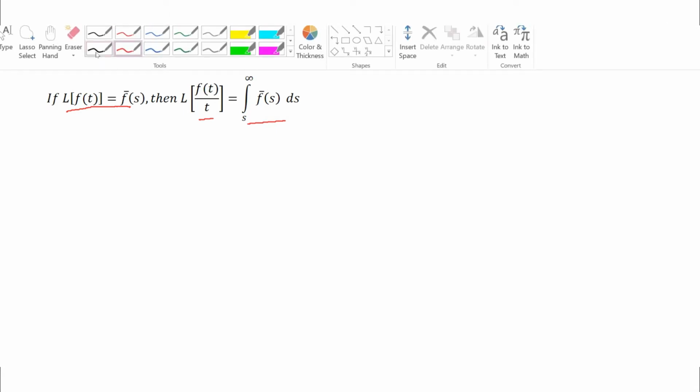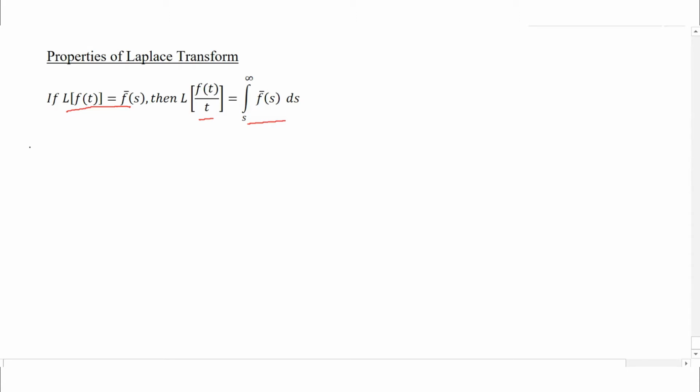So let us take a few examples based on the Laplace transform. Let us start with the first example.